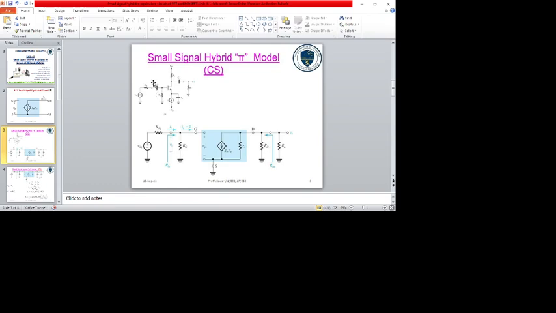For small signal analysis, we can remove the capacitors from the circuit because the capacitors are AC elements. In small signal analysis, the frequency will not be considered.